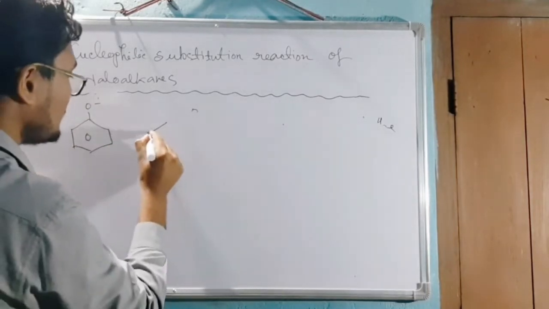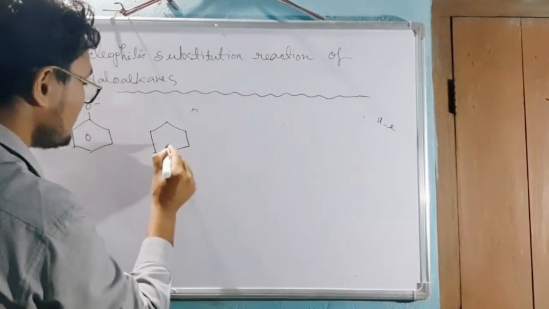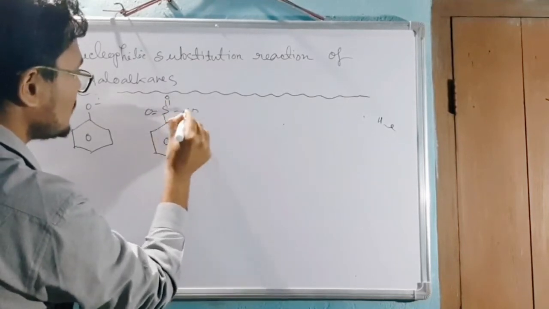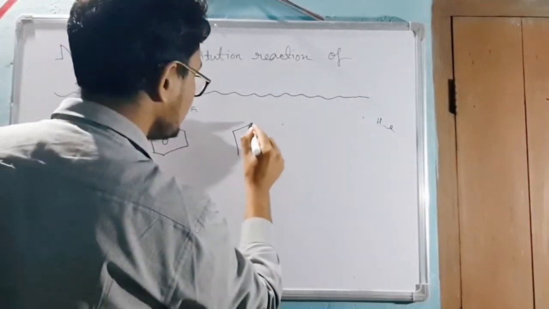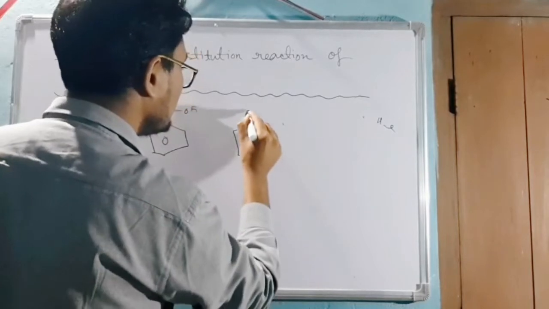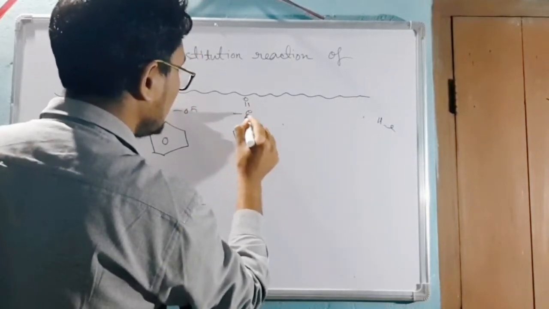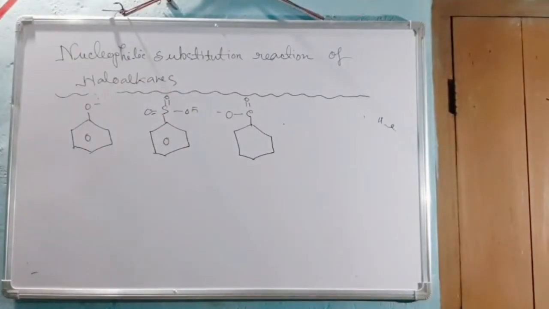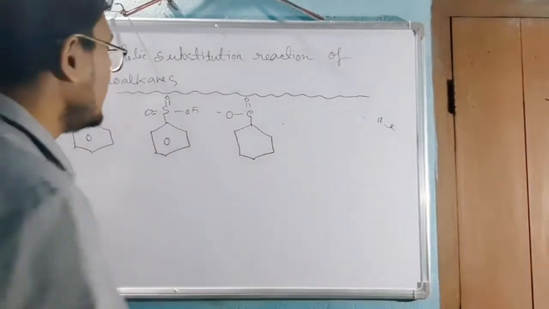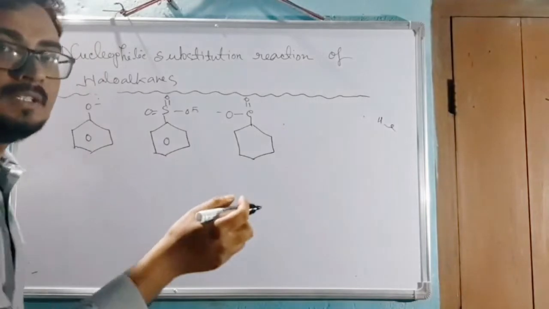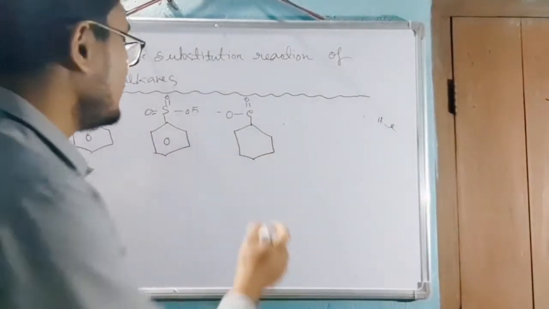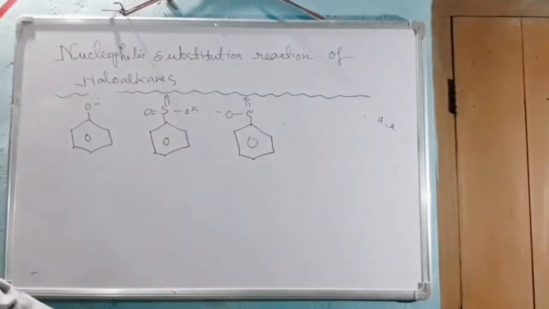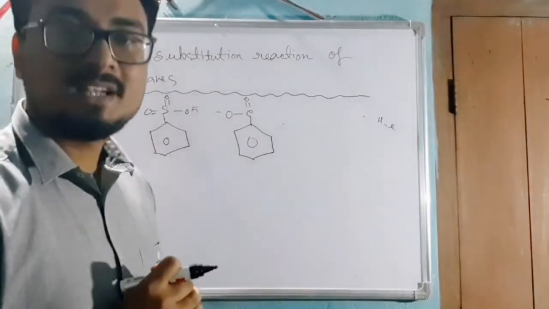O minus, S O minus, C double bond O minus. So these are three compounds, all three are nucleophiles. Which one has the better leaving group?